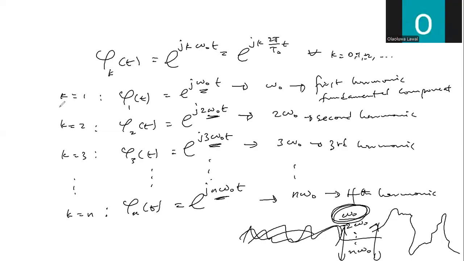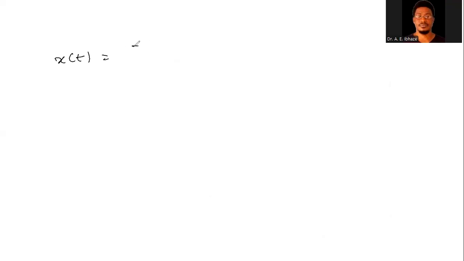Yes, sir. Okay. Now, if that is clear, we now see the linear combination of the harmonically related components. So if we take all of these together and put them all together, we now have a sum. Okay? That was what led to the signal being described as the sum of the harmonically related components exponential j k omega naught t, for which k takes on values from negative infinity to positive infinity.